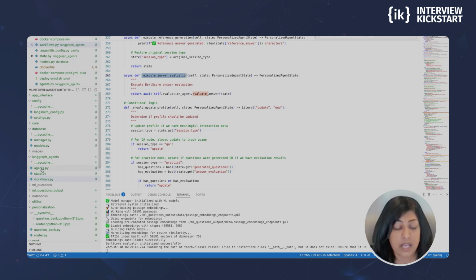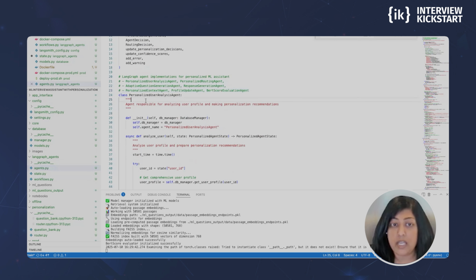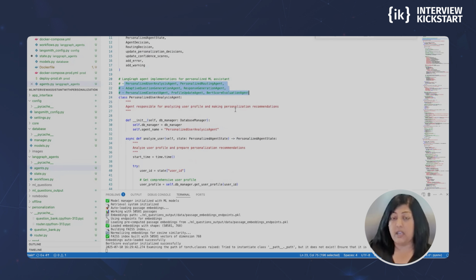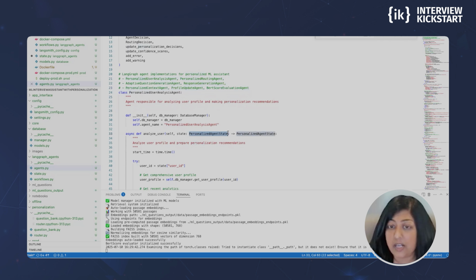Now, these are my agents. They're all working in conjunction, in close collaboration with each other. This is just one example, but agents.py is a collection of all of these 7 or 8 agents working in close coordination with each other. This is the LangGraph agent state that I'm maintaining.